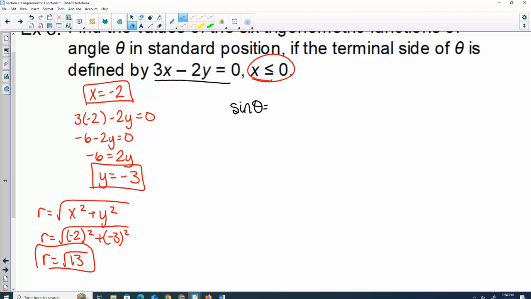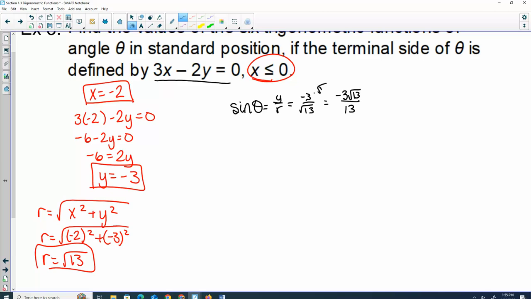The definition of sine is y divided by r. My y is -3. My r is the square root of 13. Can I leave that for my final answer? The only thing I don't like is the radical on the denominator. How do we get rid of it? So that would give me a -3 radical 13 over 13.